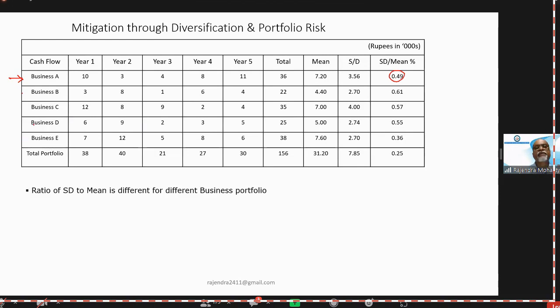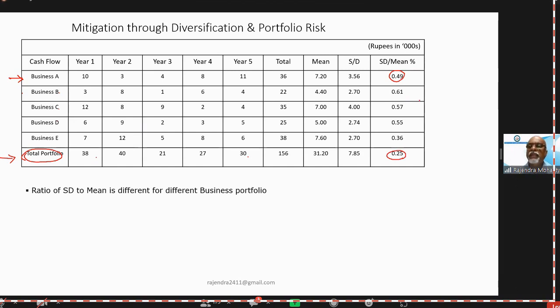He has diversified his business to B, C, D, E. We have also taken the 5 years net cash flow of each business, calculated the standard deviation and the mean of each one. And finally, we have also calculated the total portfolio net cash flows and total portfolio risk.